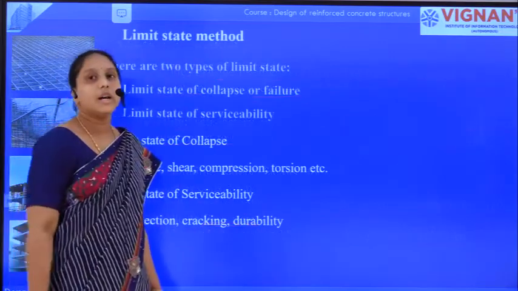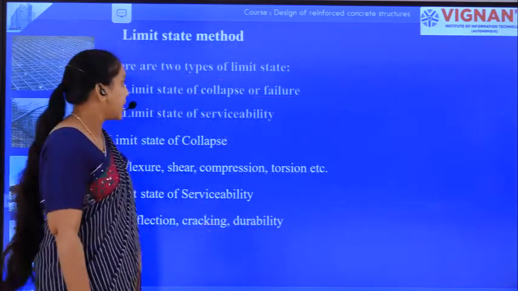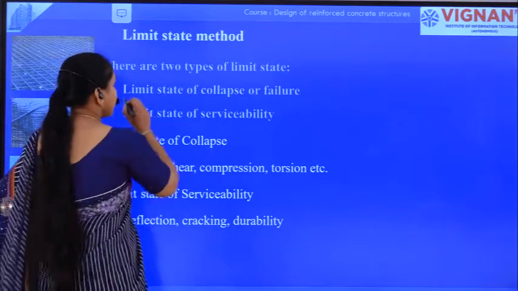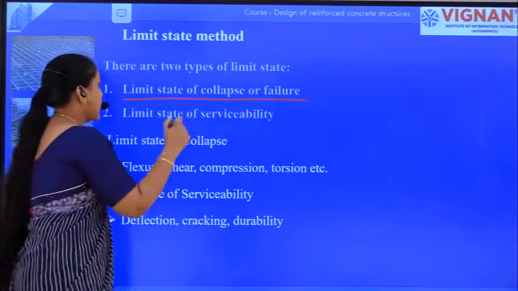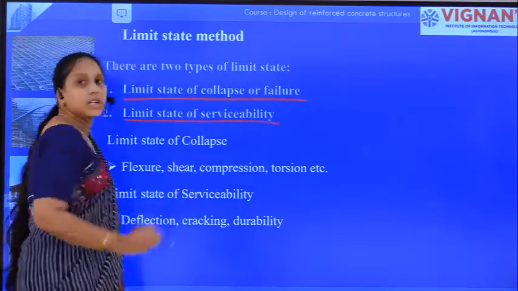There are two types of limit states. One is the limit state of collapse or failure, and the other is the limit state of serviceability.